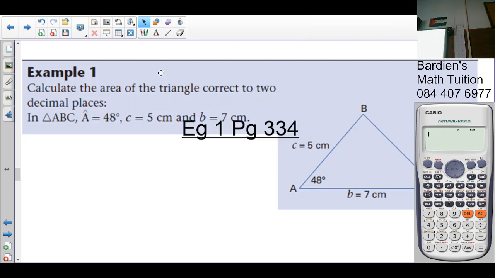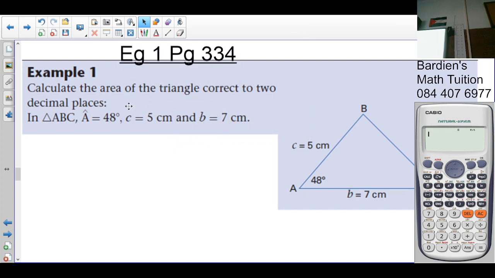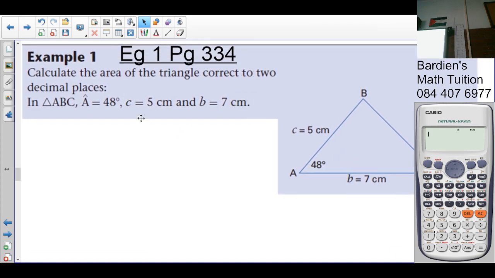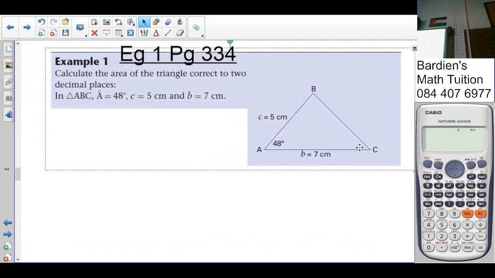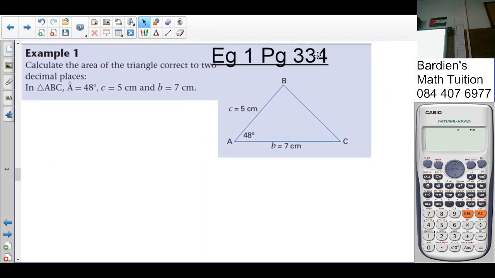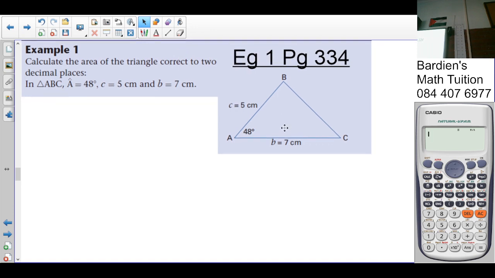The question says, calculate the area of the triangle correct to two decimal places.